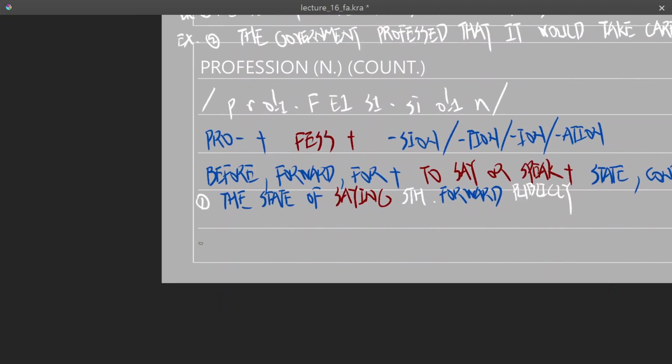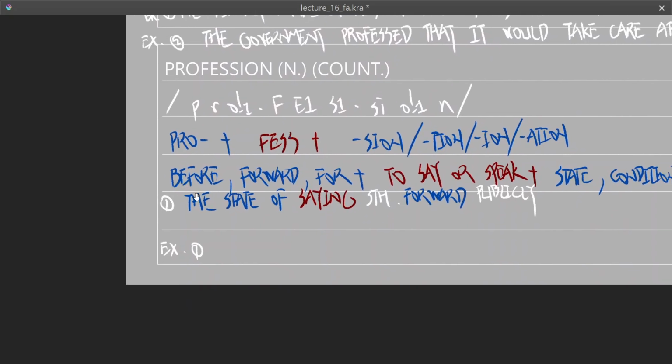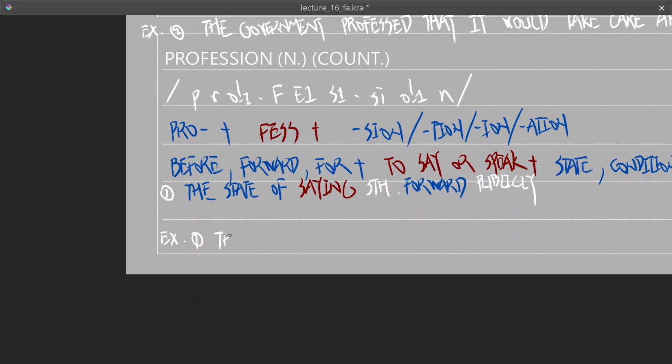So, for example, let's say we have the profession of his faith to the country.